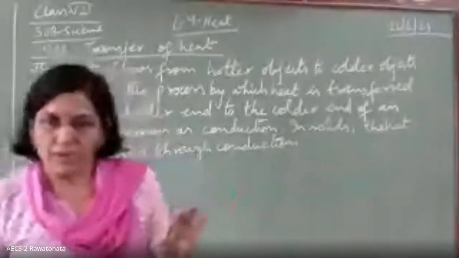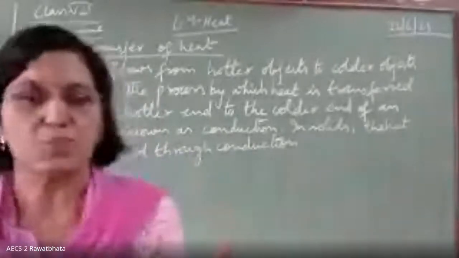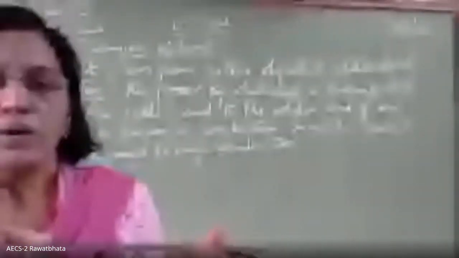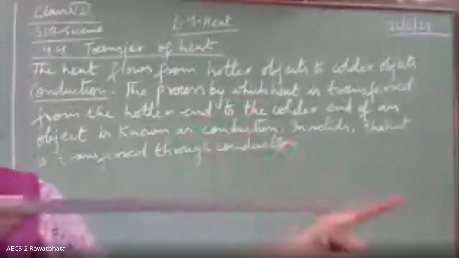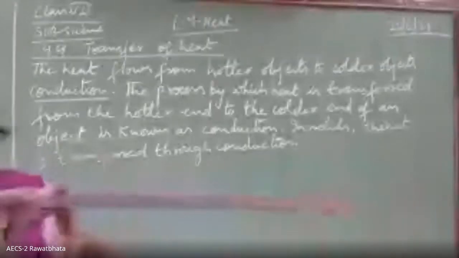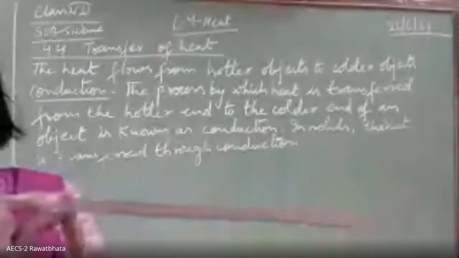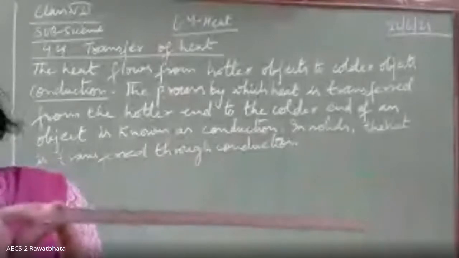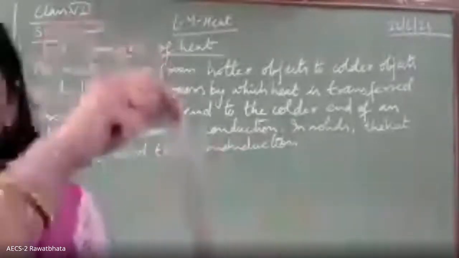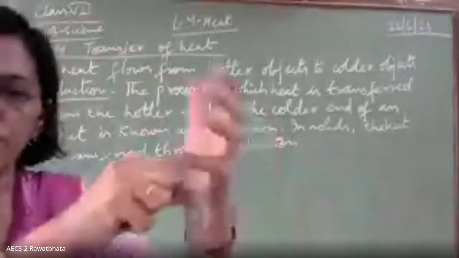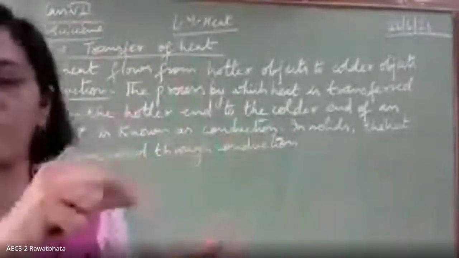But before that, this conduction concept must be clear. The definition that I had written over there is that if it has to go from one end to the other, it can travel. That is only conduction. And this we can compare with a steel spoon also. Once you put it in the hot liquid, the heat gets transferred to the other end and you feel hot in your fingers.